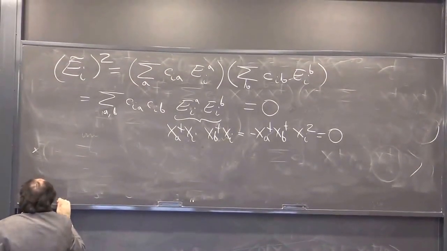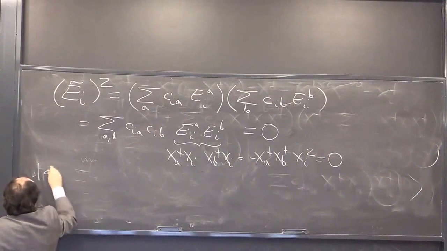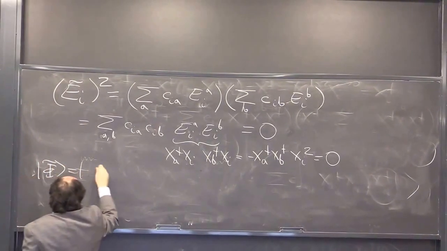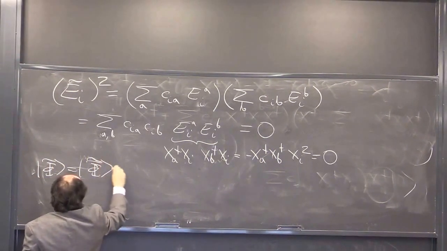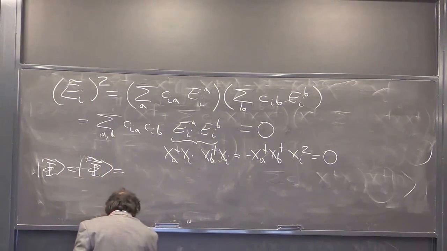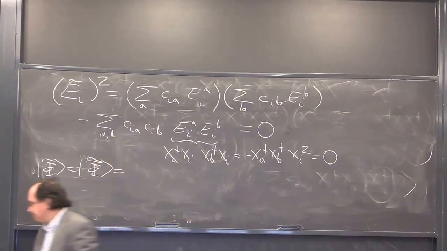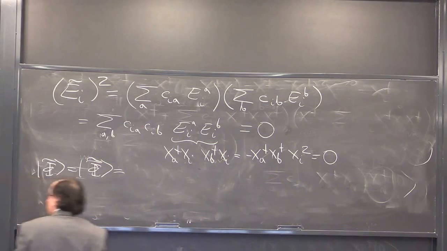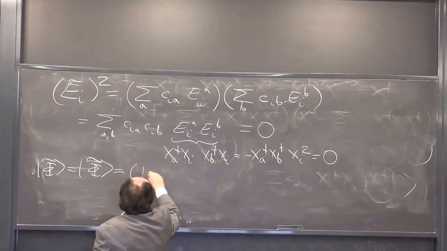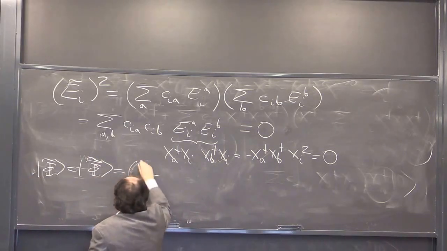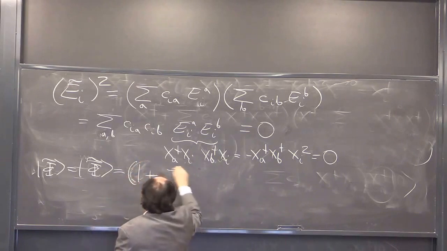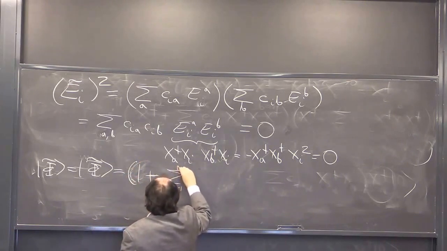That says that phi tilde or phi double tilde, same thing, is one plus a summation over r from 1 to n.